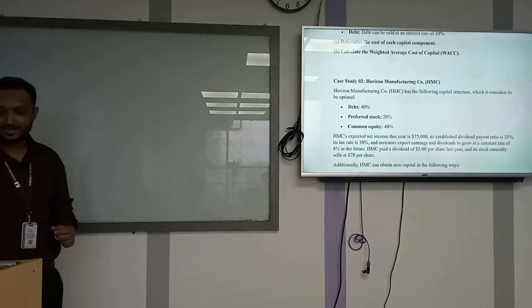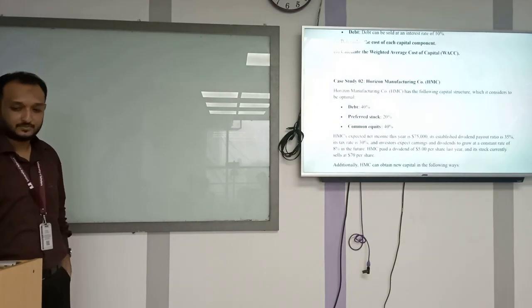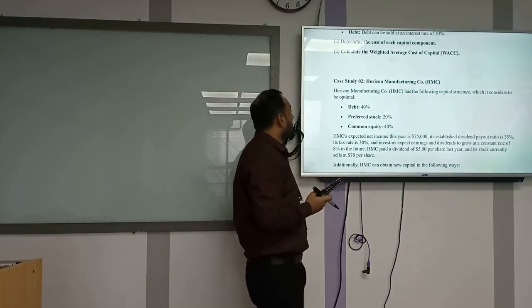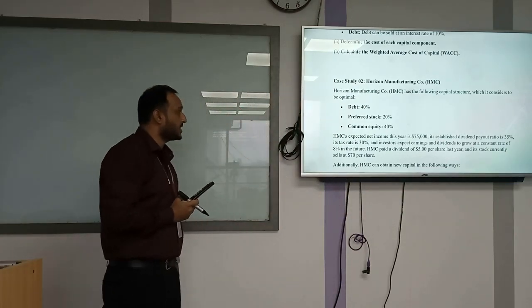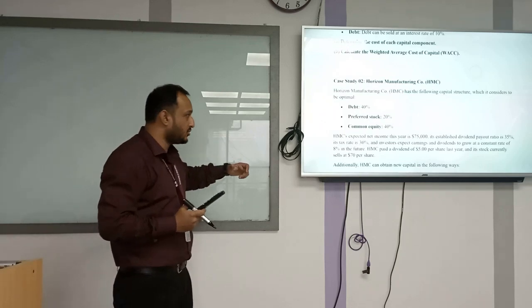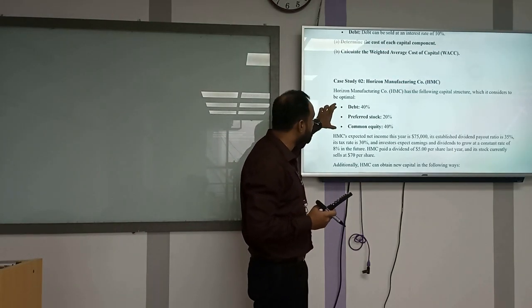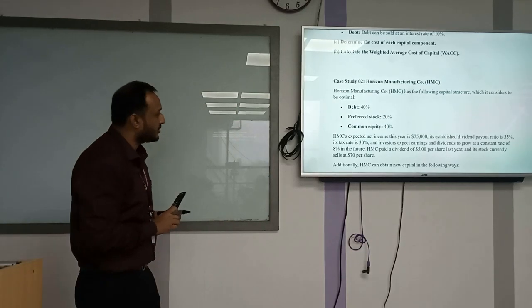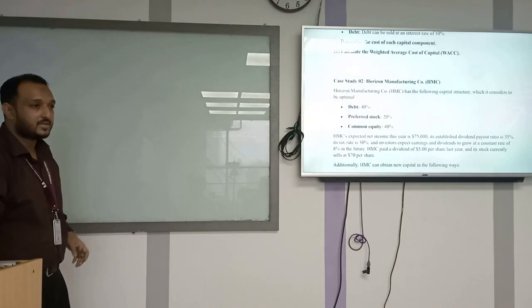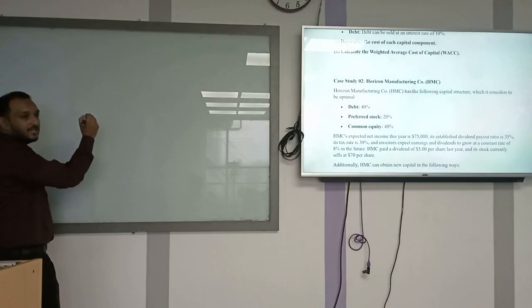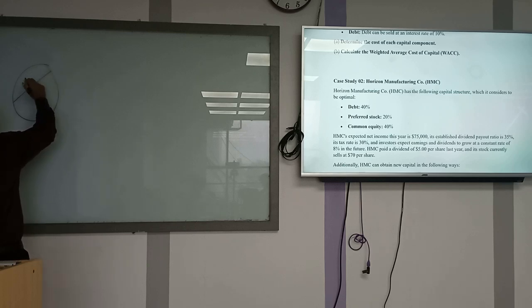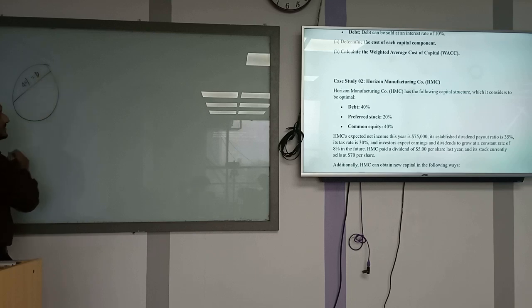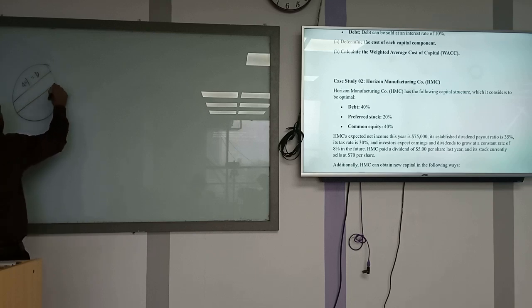These two case studies are pretty much similar. Let's read it. Horizon Manufacturing Company has the following capital structure which it considers to be optimal. The optimal capital structure is given as debt 40%, preferred stock 20%, common equity 40%. Okay, so all the weights are given, right? If I have a capital structure like this, how much debt is in it? 40% debt. Debt 40%, how much preferred stock? 20%.